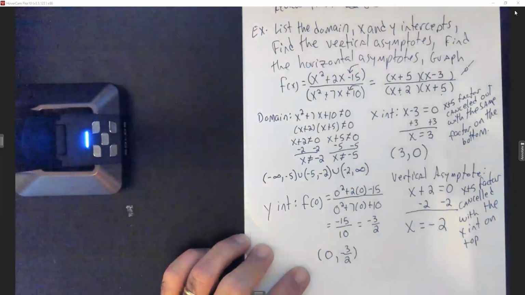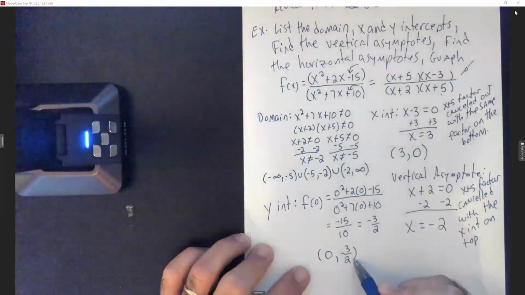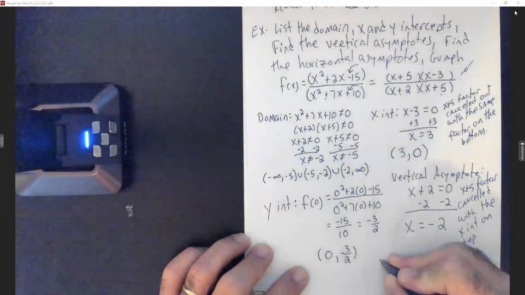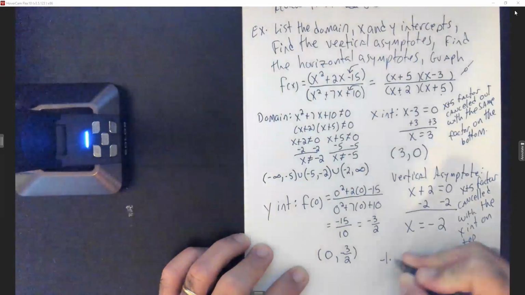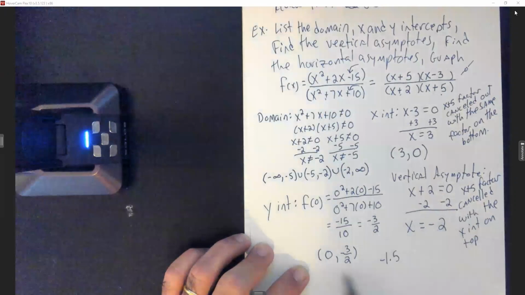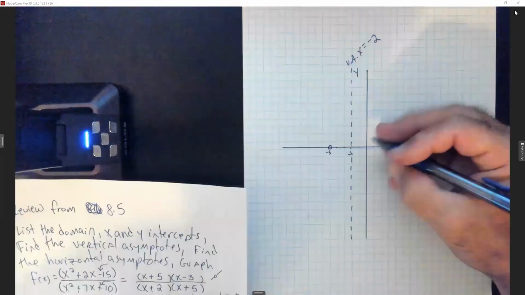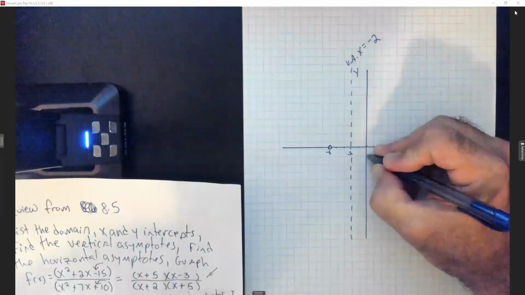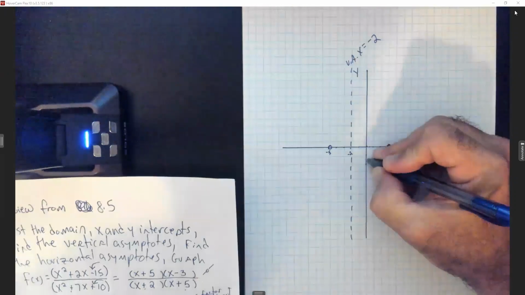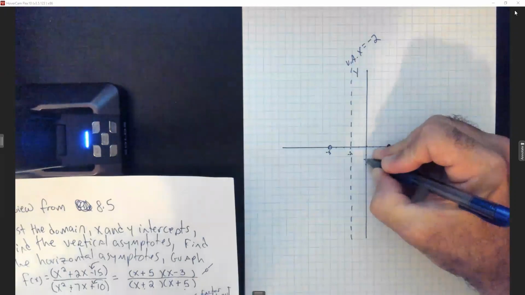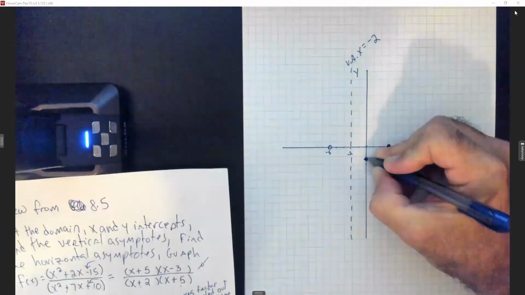So if you were to figure out -3/2 on a calculator, that would give you about -1.5. So at (0, -1.5), I know it's going to cross this y-axis. So here's 0. That'd be what, -1, -2. So about halfway will be my y-intercept at -3/2.